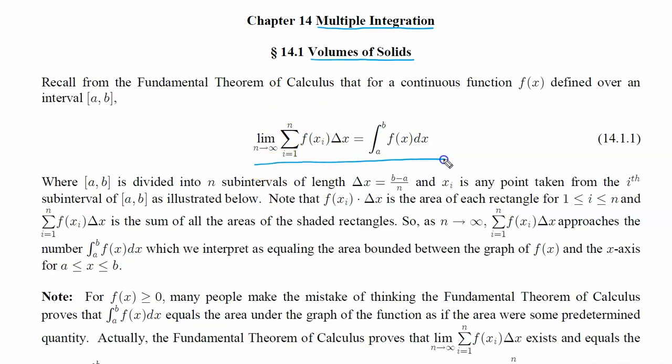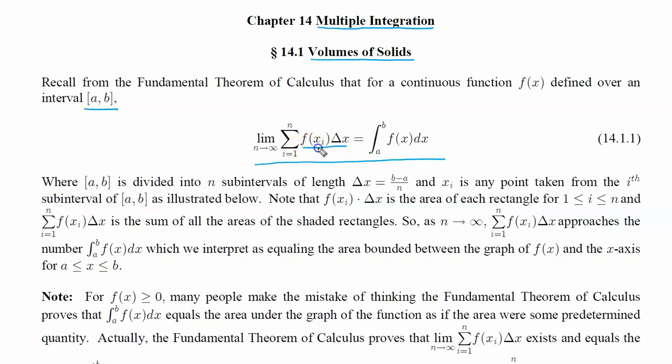Now before we get into the details of multiple integration, let's recall that from the fundamental theorem of calculus we have this result. We're going to make use of this a lot as we derive our formulas for multiple integration. So remember what this formula states. If you have a function that's defined over an interval AB, and you break this interval into n subintervals just by dividing it up, then the limit of the summation of these quantities.